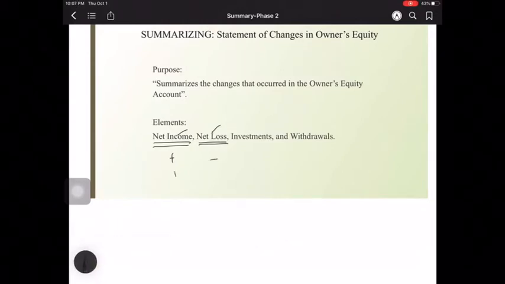Take note that the increase or decrease brought about by your net income or net loss, respectively, are results, or the necessary consequences, of the operations of the business.